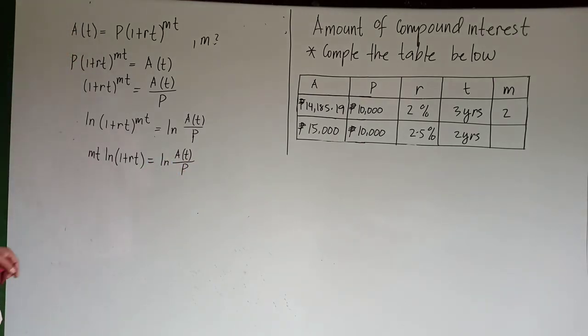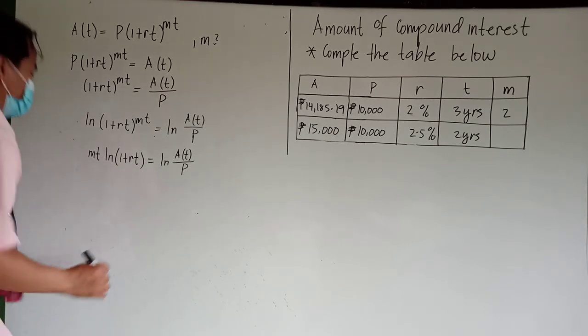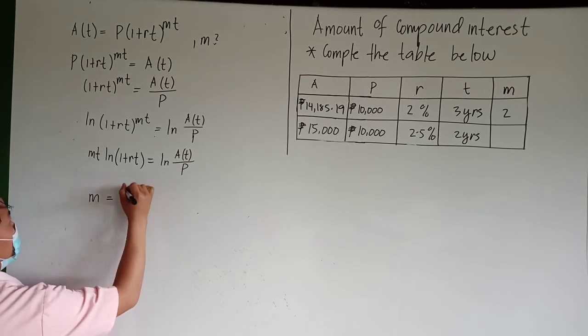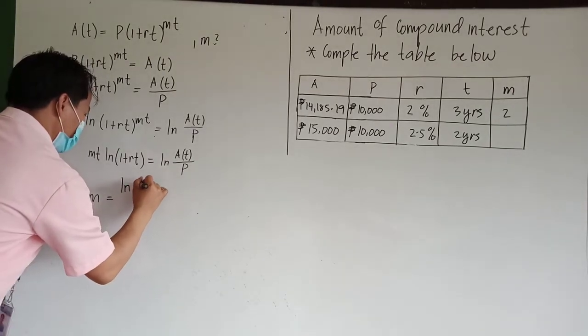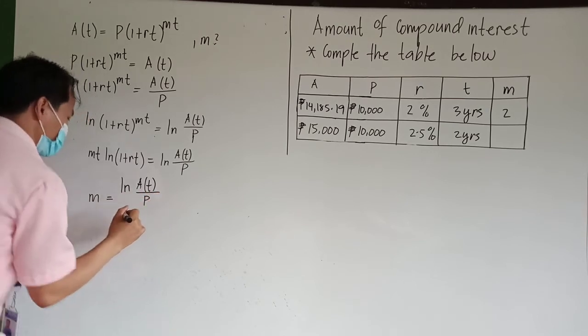Okay? Next, after that, we can actually divide both sides by T times ln of 1 plus rate times time. So that will become M now is equal to what? We have here ln of A of T over P. Okay?